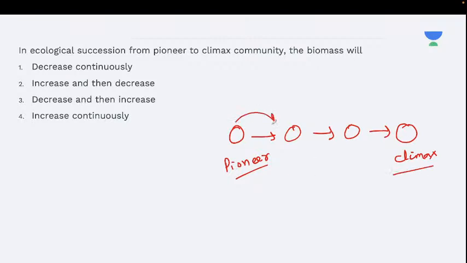So there is a growth, growth, growth. So the biomass will obviously increase continuously. Okay. So after climax community is fixed, there will be no change hereafter. So it will increase.